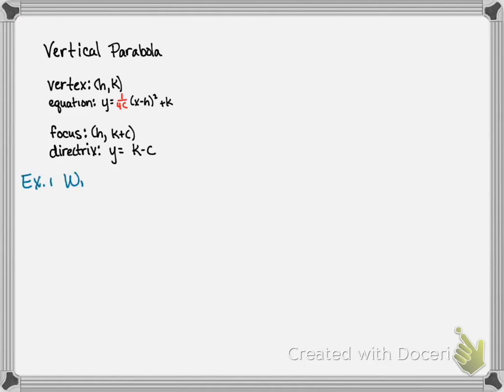So for example, let's write the equation of the parabola with vertex (negative 5, 4) and focus (negative 5, 0). Okay, from these formulas we see that our vertex is (h, k), so h is negative 5, k is 4, and the focus is (h, k plus c).